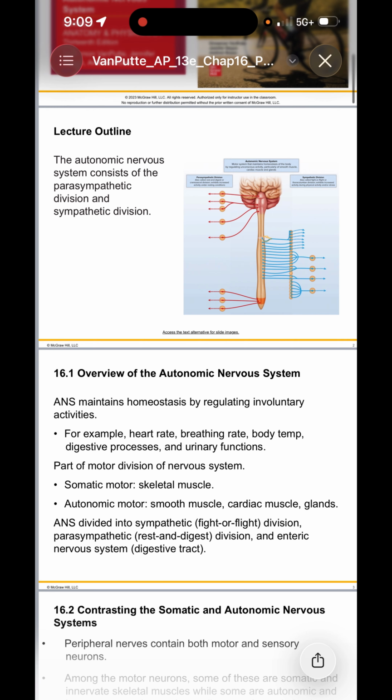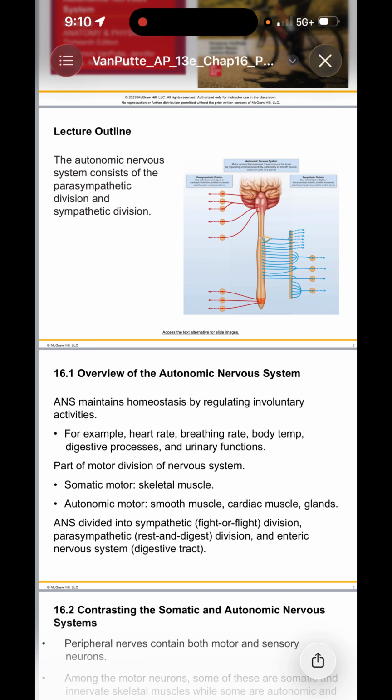16.1 Overview of the autonomic nervous system. ANS maintains homeostasis by regulating involuntary activities. For example, heart rate, breathing rate, body temperature, digestive processes, and urinary functions.